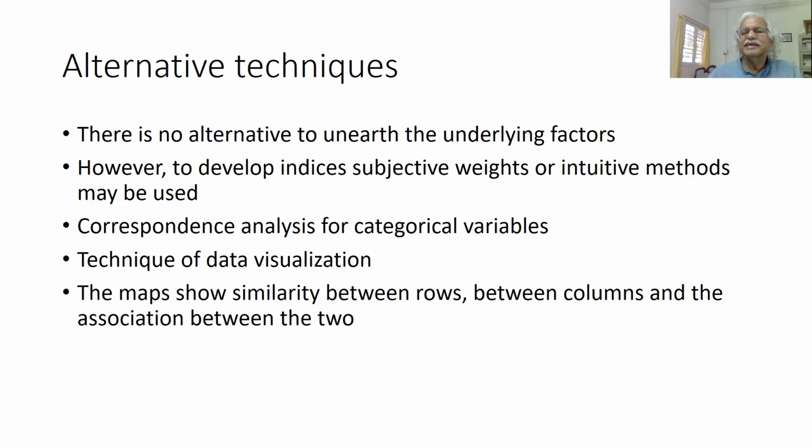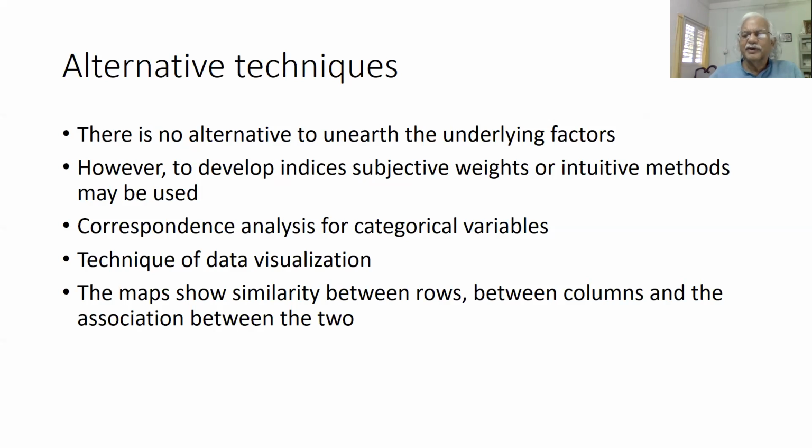Some other techniques you may like to know about as alternatives to factor analysis, and you may like to read more on them, are correspondence analysis for categorical variables. Categorical variables are non-numeric variables whose values can be put in certain categories only.